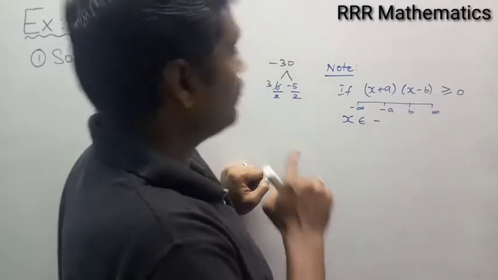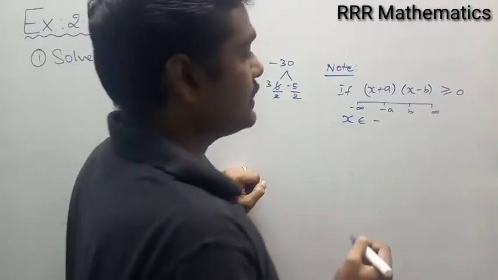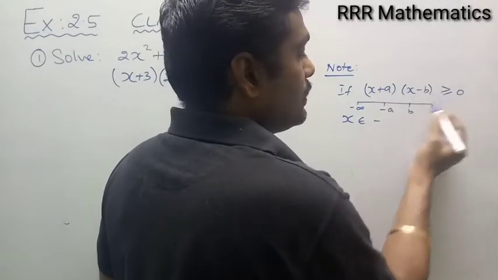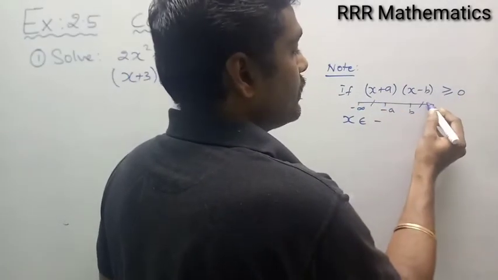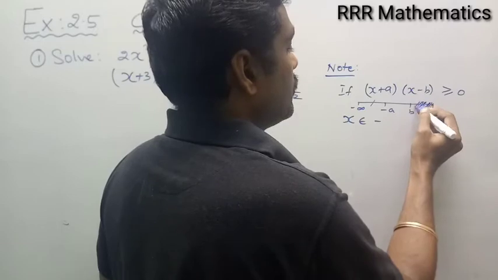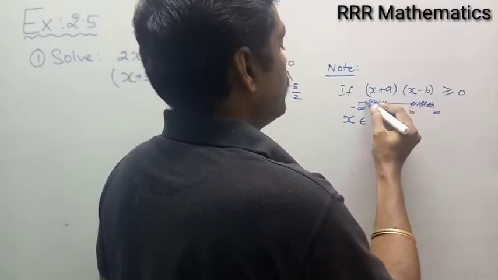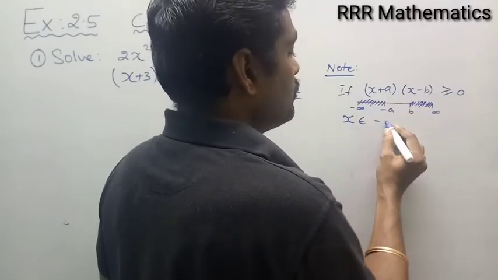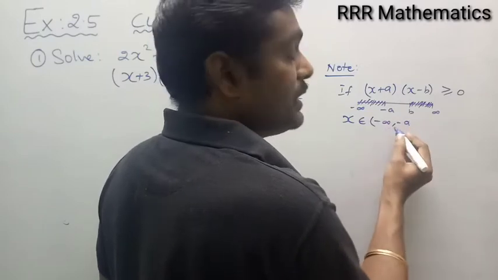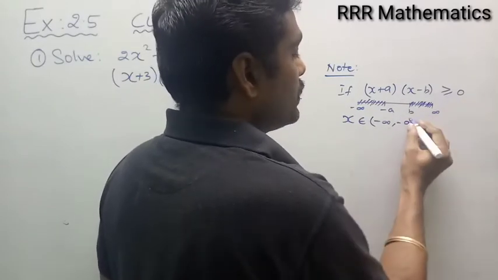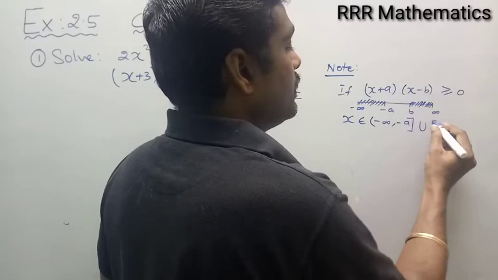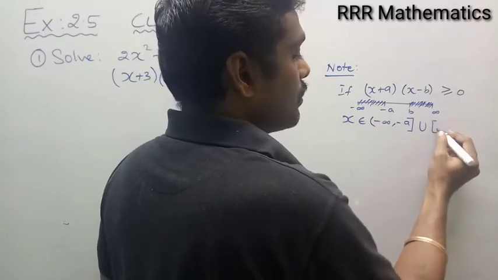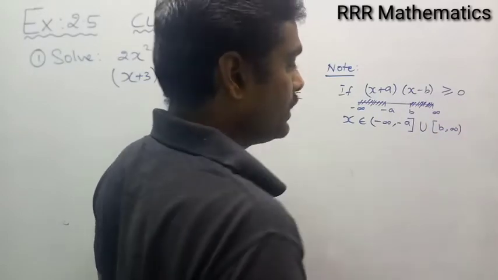But in the case of a quadratic one, I can say the answer directly. If it is greater than or equal to 0, it lies outside. Got it? My x belongs to (−∞, −a], with minus infinity always open, and because of the equal sign, closed at b: [b, ∞).